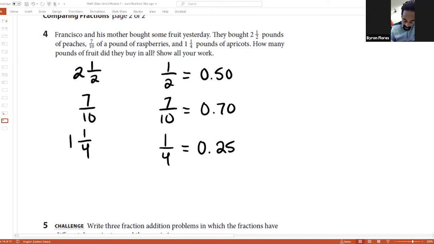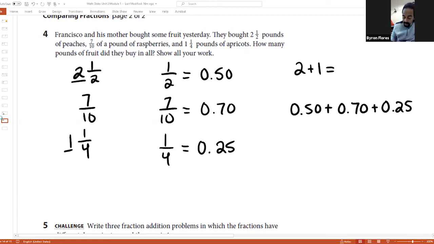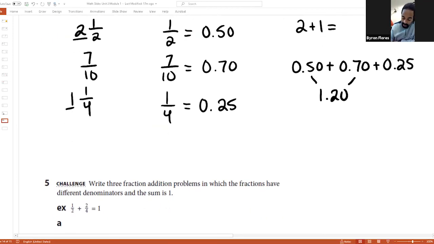Now I'm going to add all of these together, but I cannot forget my whole numbers. So I need to add my whole numbers, and then I need to add my decimals. Now remember, when you complete 100 on a decimal, that means you have a whole. So once you pass 100, if we add 50 and 70, that is 1.20. And then add the rest.